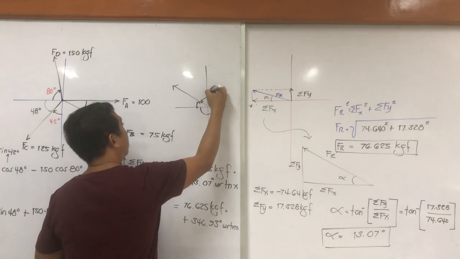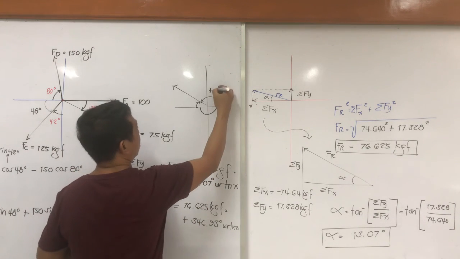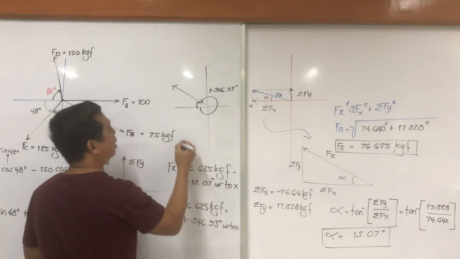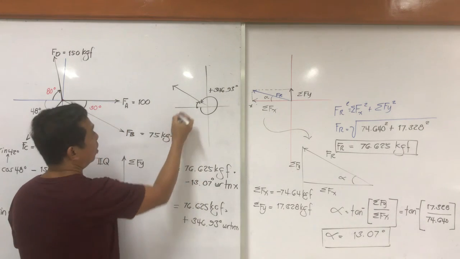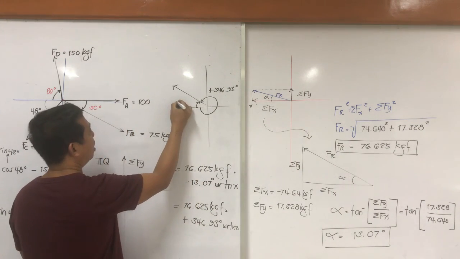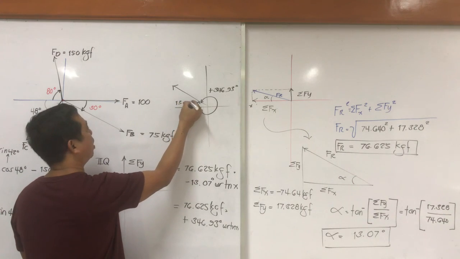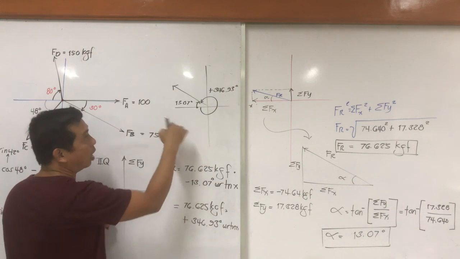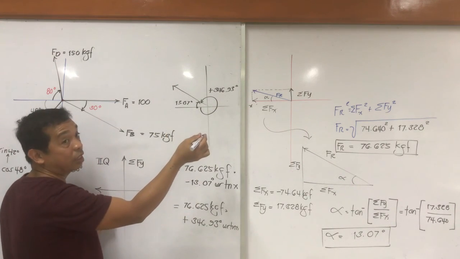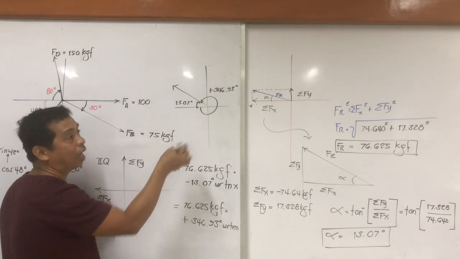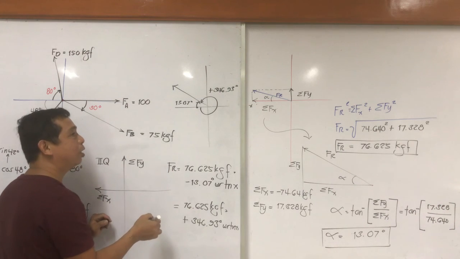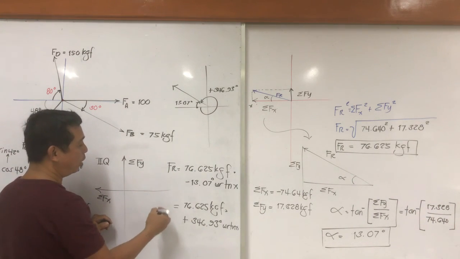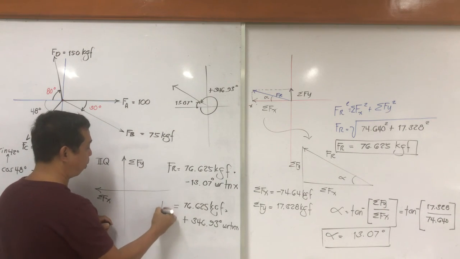Yun yung positive 346.93 degrees. At ito naman yung 13.07 degrees. Bakit naka-negative dito? Kasi clockwise. Di ba ang reading natin ng angle counterclockwise as taught sa trigonometry? So, pwedeng ito yung final answer natin for FR.